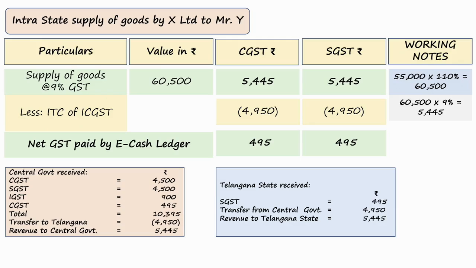Do not expand and write, from the examination point of view. Because the examiner knows CGST is Central Goods and Services Tax, SGST, State Goods and Services Tax. The examiner knows that. You don't want to expand it. This terminology alone is a time-saving concept.